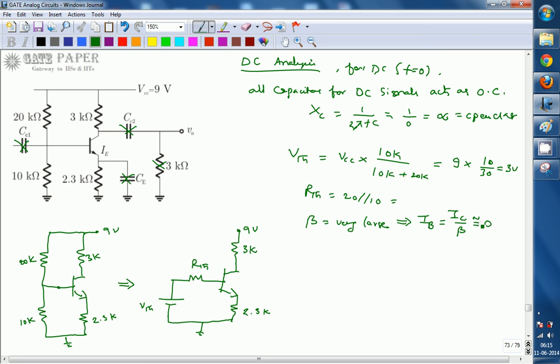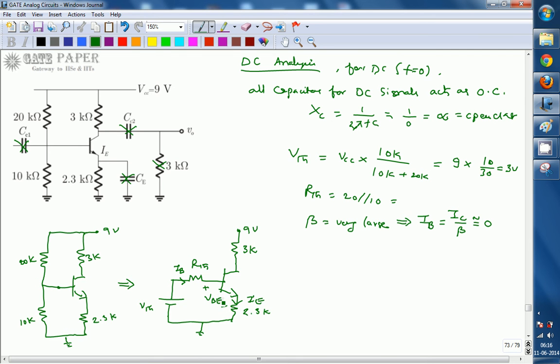It is simply an indirect way of specifying to neglect the base current, by using the statement beta is very large. So the current flowing through this RTH is IB, but the value of IB is 0, and the current flowing through this 2.3 kilo ohms is IE, and this is the voltage drop VBE across the emitter base junction.